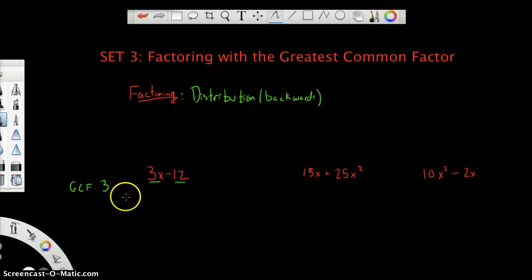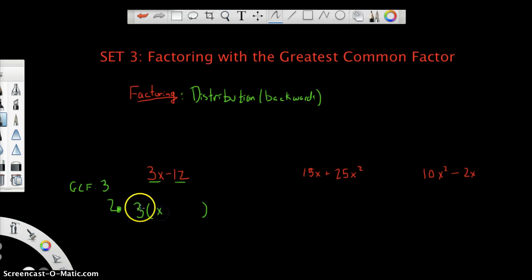When I go to do my factoring, my reverse distributive property, I'm going to put my 3 on the outside of the parentheses. I take that GCF and I put it outside the parentheses. Now the question is, what was left? 3 times something gives me 3x, because it has to work for distribution.